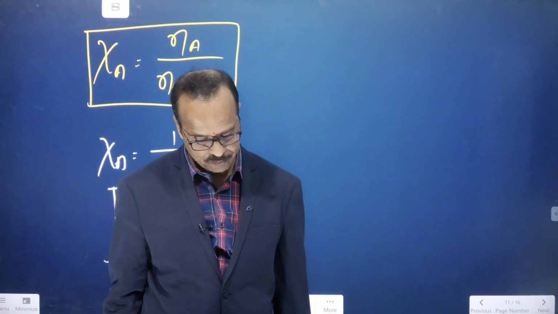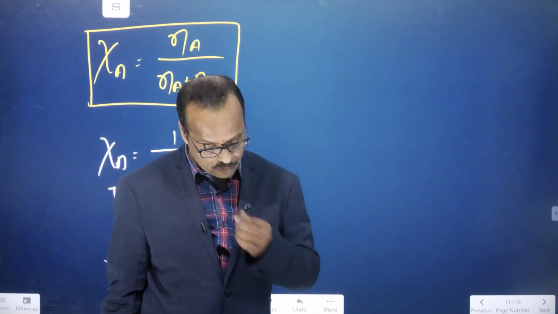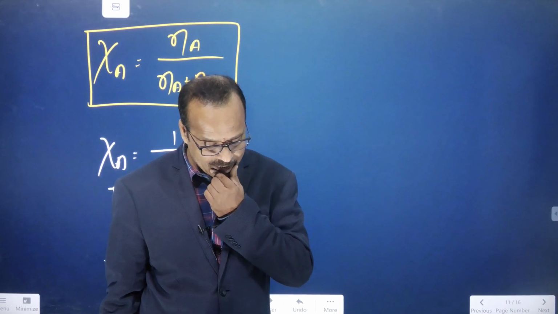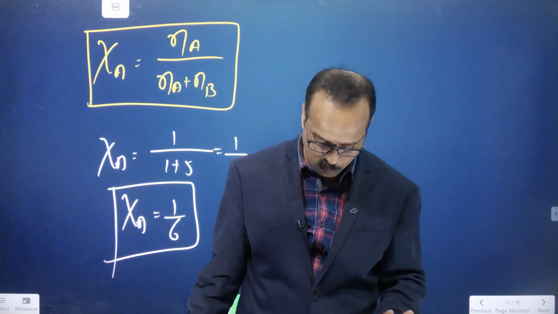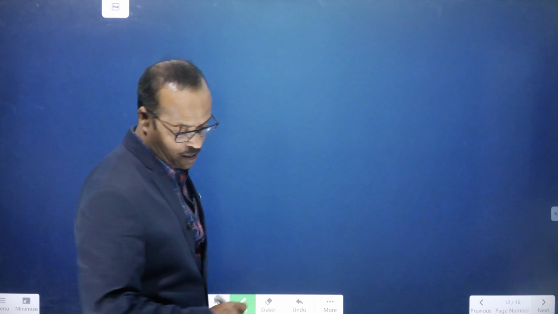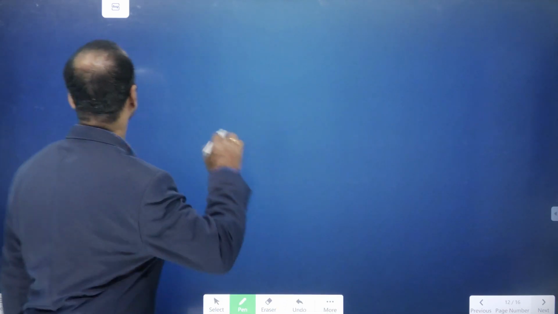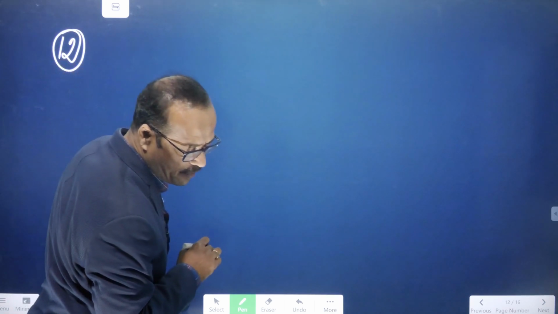Understood? Chalo. Now next one is molarity limit. Now 12th question. Let us see the 12th question. So the 12th question is again mole fraction of solute in 2.5 moles of aqueous solution. This one we do. What is given?